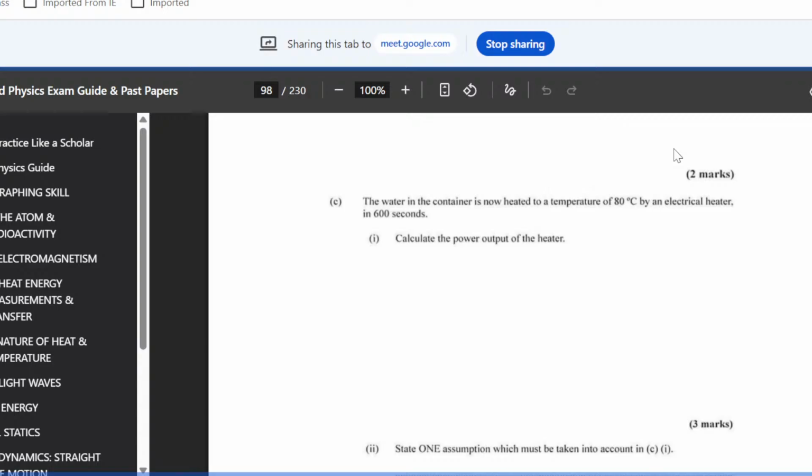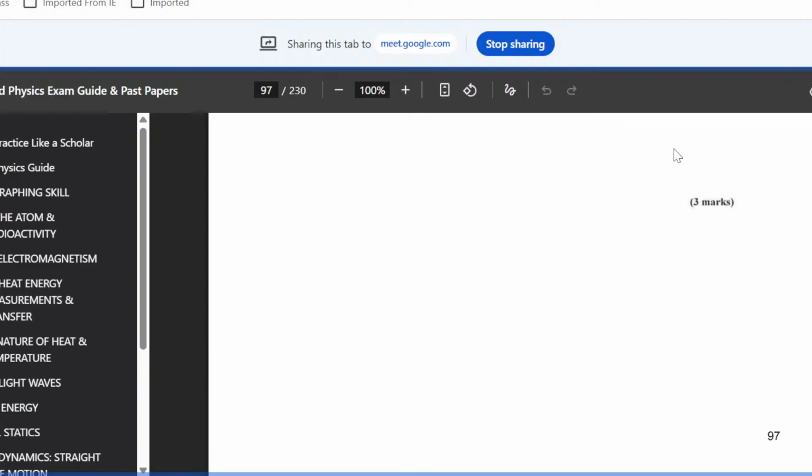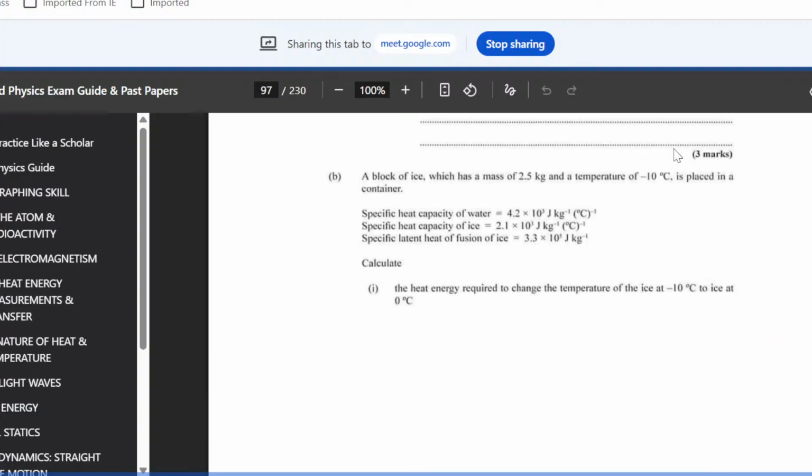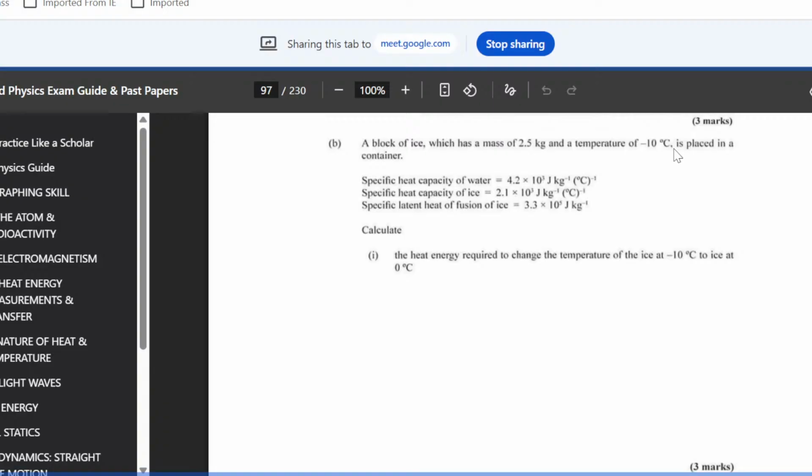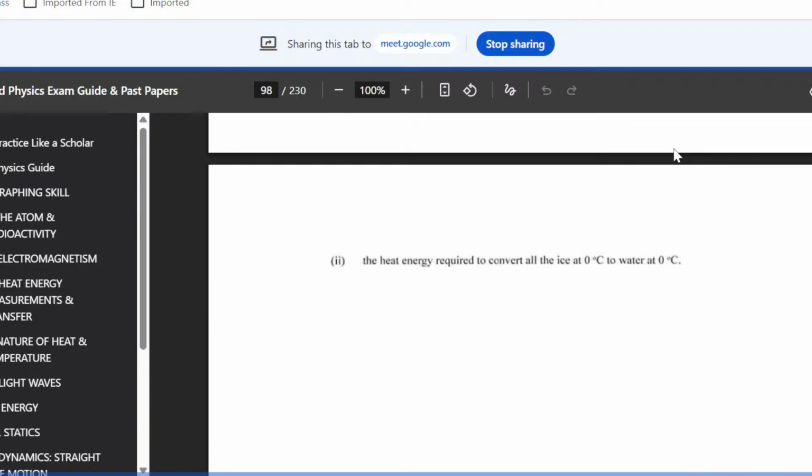Alright, so you'd have to use MC delta T, so the M is still 2.5, the C, what's the C here? What would be the C again? 4.2 times 10, so 4,200, which you know is the specific heat capacity of water, joules per kilogram per degree.